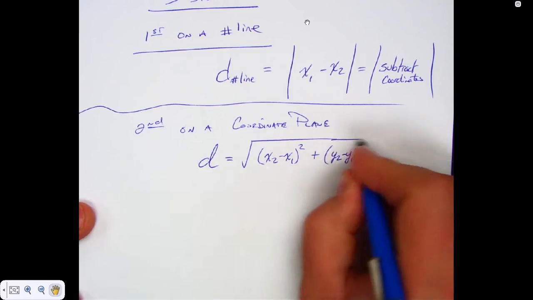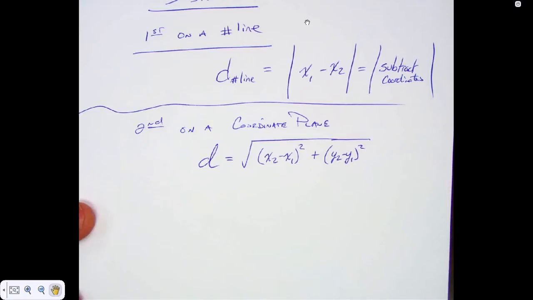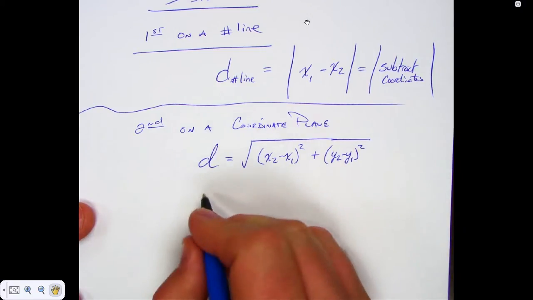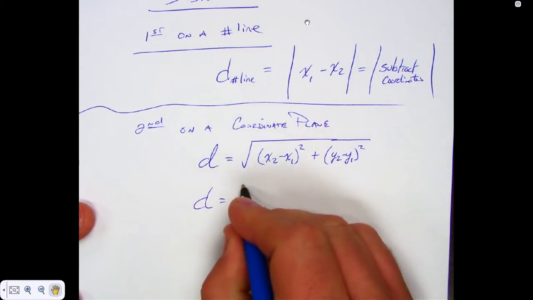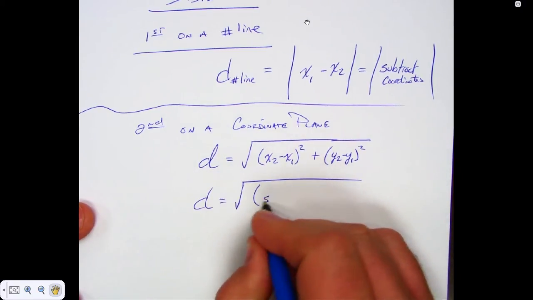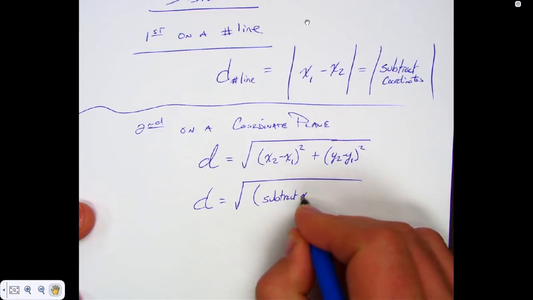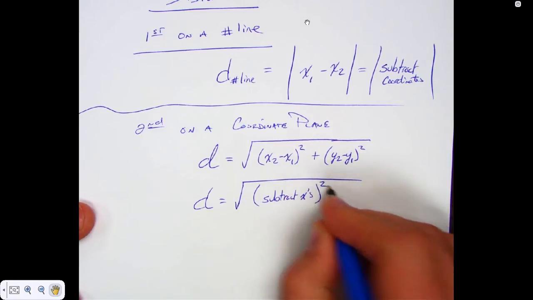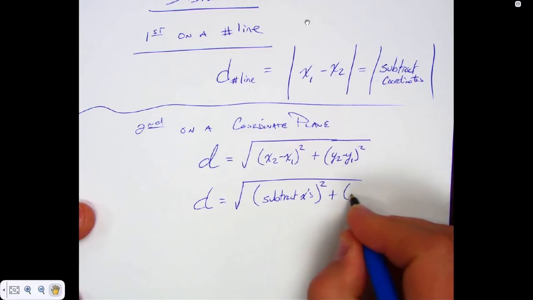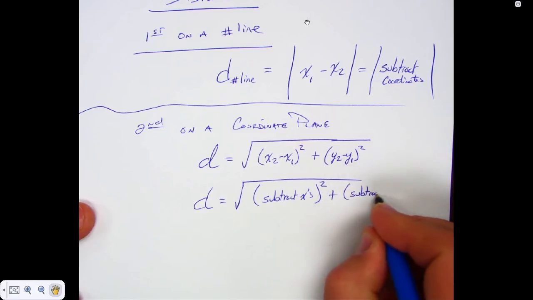Does that look like a bunch of weird symbols? Looks pretty complicated. Do you know that this is all this really says? Subtract your x's, square it. What do you think I'm going to say here?